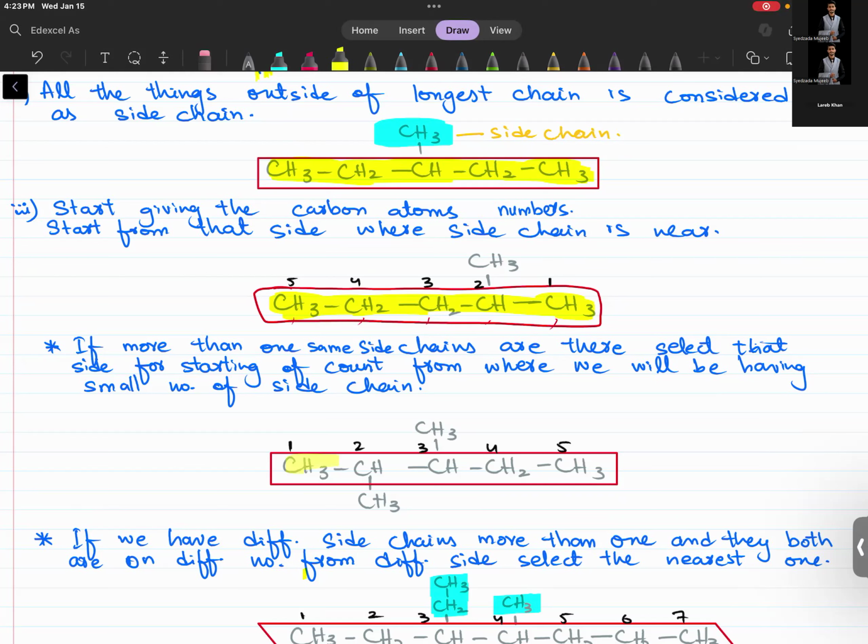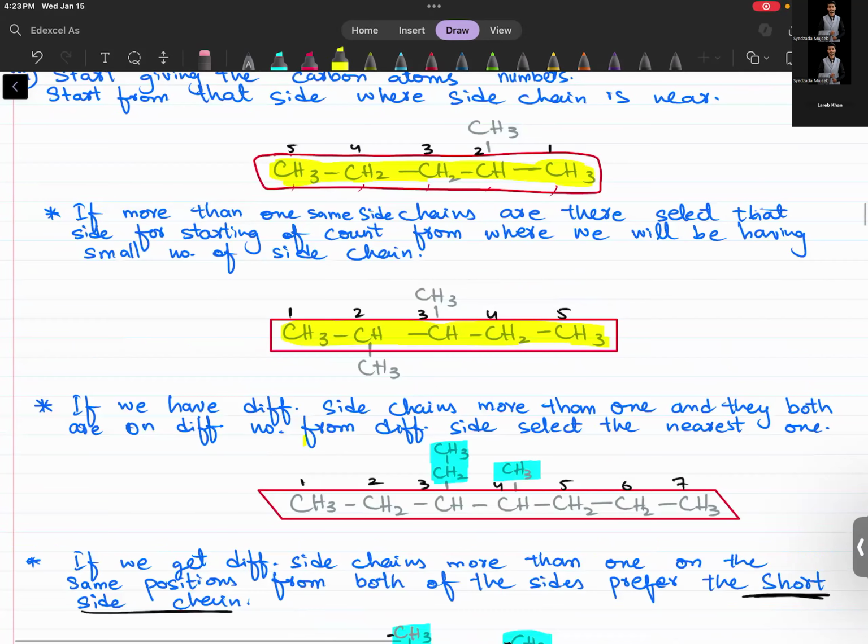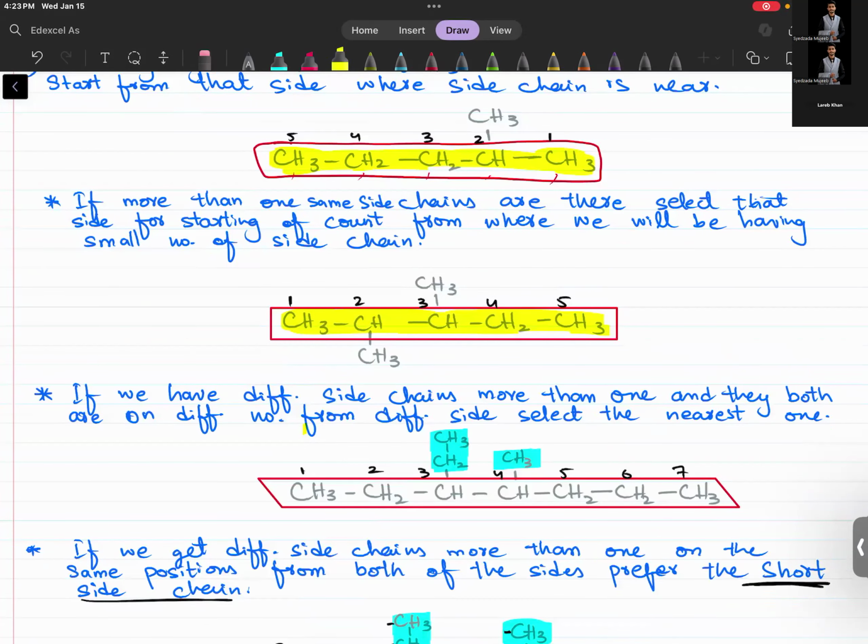So we will be starting from this side. If we have different side chains, more than one, and they are on different numbers from the different sides, you see that if I start from the left side, the first side chain is on the third number, and if I start from the right side, the first side chain is on the fourth number.